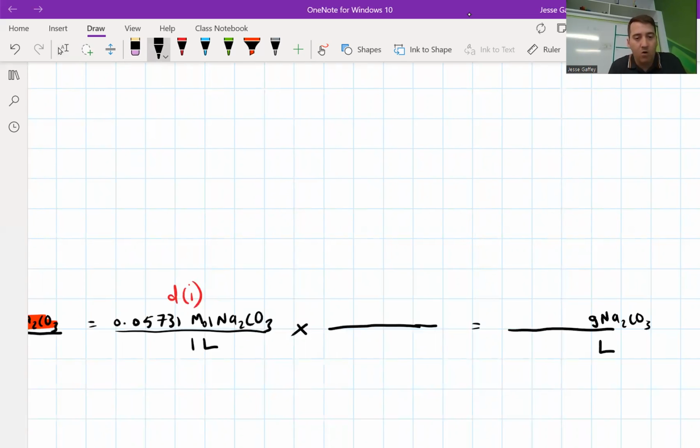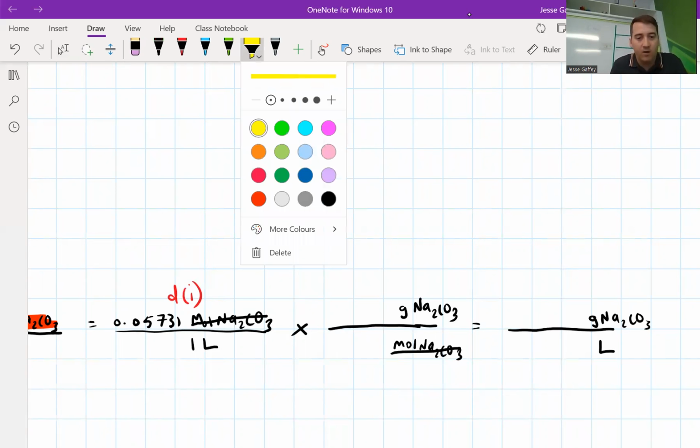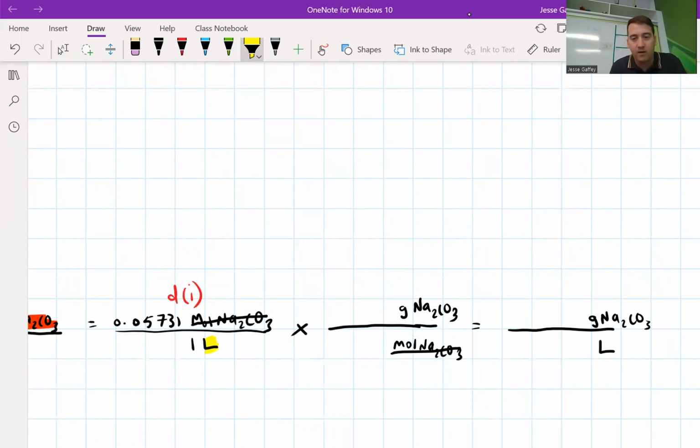Well, of course, I need moles per liter to cancel because it's not anywhere in my answer. So I need moles of Na2CO3 to cancel, and what I need to convert to is grams of Na2CO3. I can leave the liter the way it is, because look at what I need in my answer. I've got liters here and liters here.